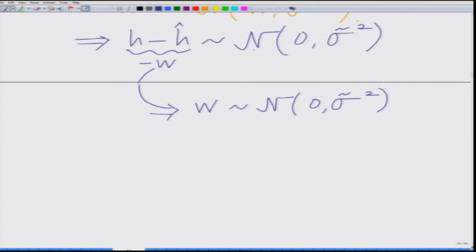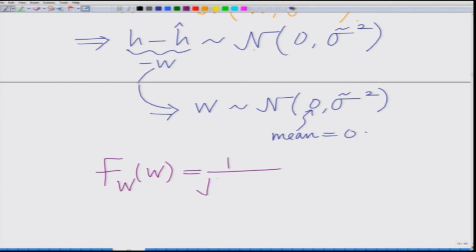Mean equal to 0, and therefore now you can write the probability density function of this estimation error W, which is equal to 1 over square root of 2 pi sigma tilde square, e raised to minus W square divided by 2 sigma tilde square.